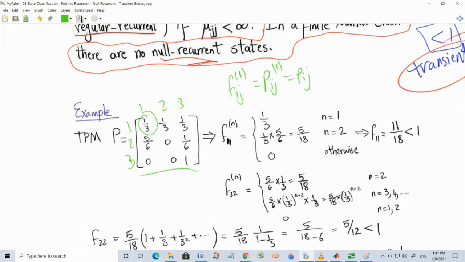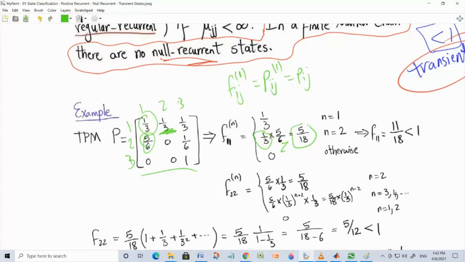So the hope to go from 1 to 1 in 2 steps for the first time is that you make a transition from 1 to 2, which happens with probability 1/3, and then in the next time instant the Markov chain moves from state 2 to state 1, which happens with probability 5/6. And so F11 of 2 is 5/18.